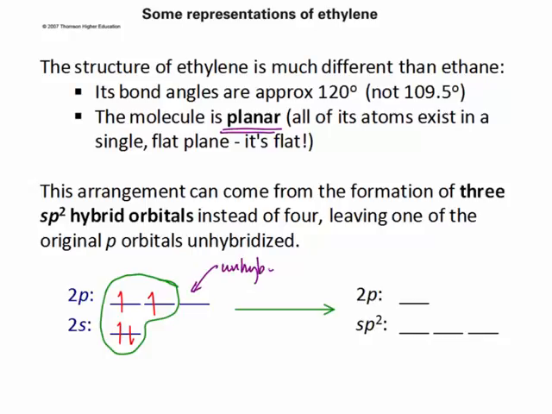So there's going to remain a p orbital, and remember p orbitals have those 2 lobes, one up and one down, so that's going to stay behind, but then I'm going to make 3 new orbitals this time. So what will actually get formed are the 3 identical sp2 hybrid orbitals, each with 1 electron, and then the unhybridized 2p orbital.